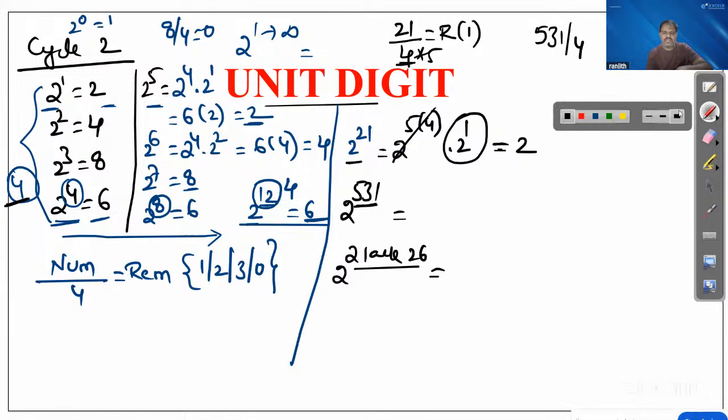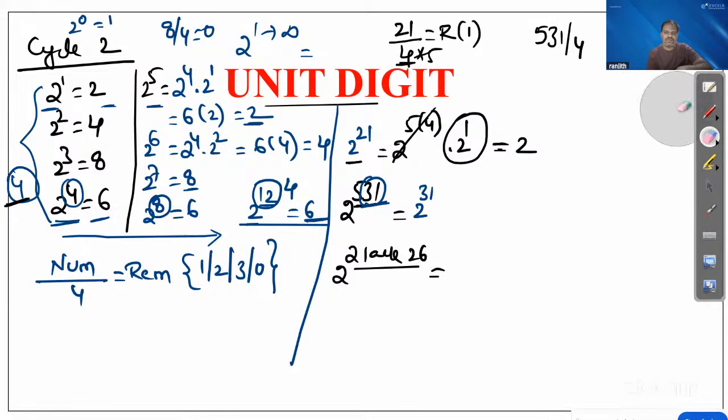What is the divisibility rule for 4? If the last 2 digits are divisible, then the total number is divisible. Out of 531, the last 2 digits are 31. 31 divided by 4, the remainder is 3. So that is 2 cube, which equals 8, the answer.